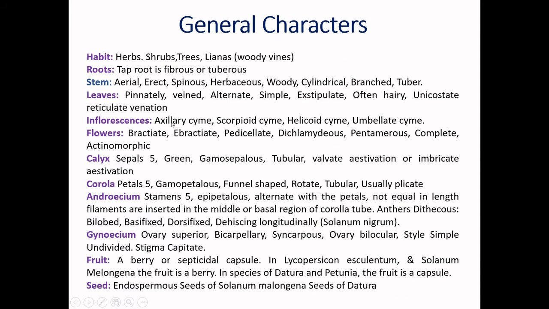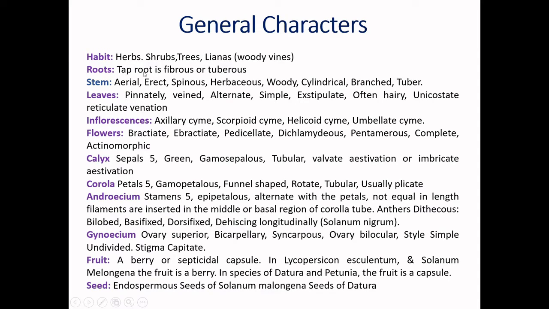Now let us start one by one general features of family Solanaceae. Habit of this family, either herbs or shrubs or trees or lianas, that means woody vines. Mostly all types of habits are present in this family.